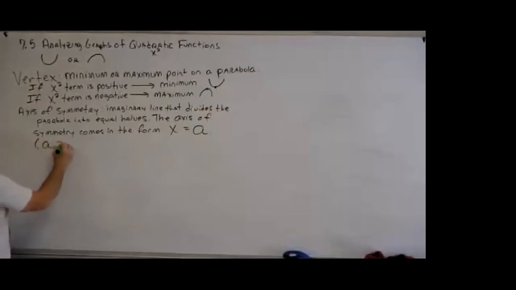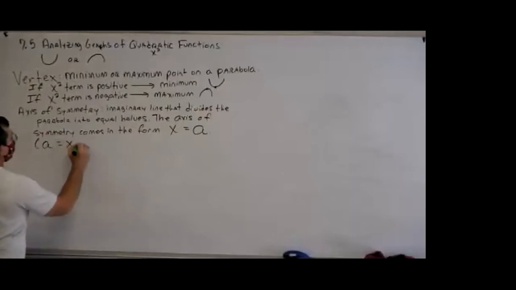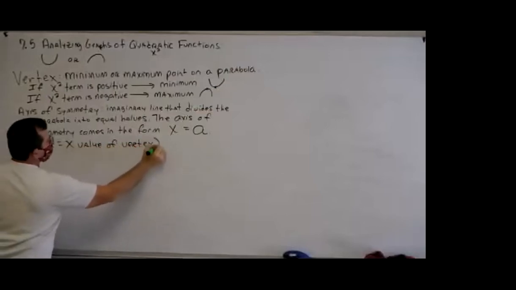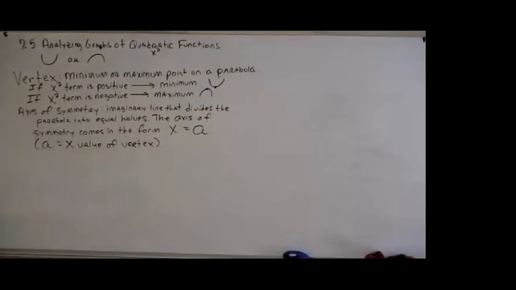And y'all, the a is going to equal the x value of the vertex. So when I find my vertex, it's going to look like an ordered pair. It's going to have an x value and a y value. The x value gives me that line of symmetry.